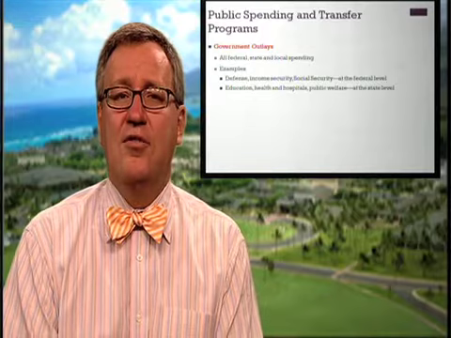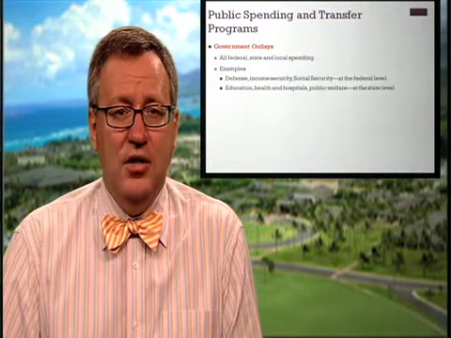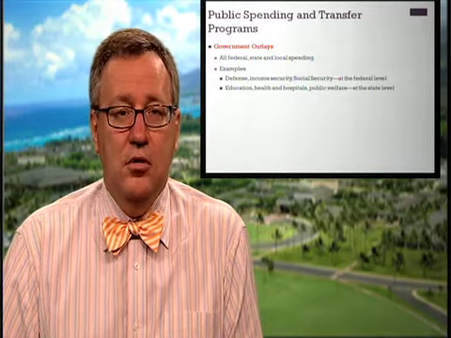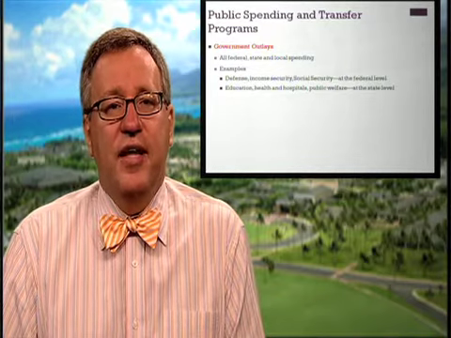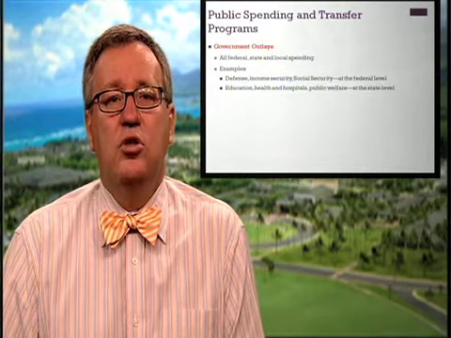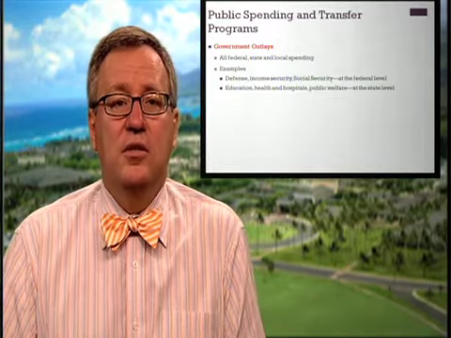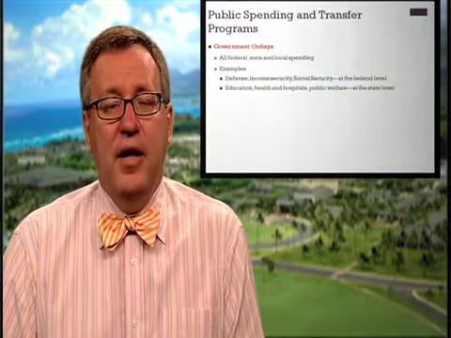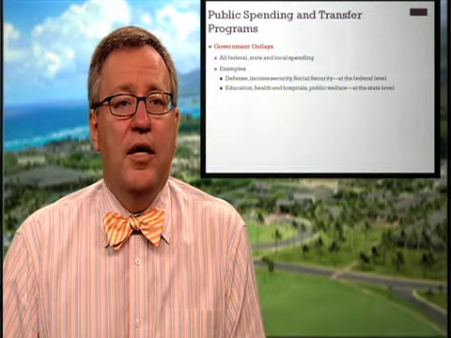If you're receiving government payments for food stamps or for education, you're getting money that has been taken from somebody else. So spend it carefully. Examples of government outlays include defense, income security, and Social Security. These are federal levels. Most educational expenses, healthcare expenses, hospital expenses, and public welfare are made at the state level. But these are the dominant government outlays.